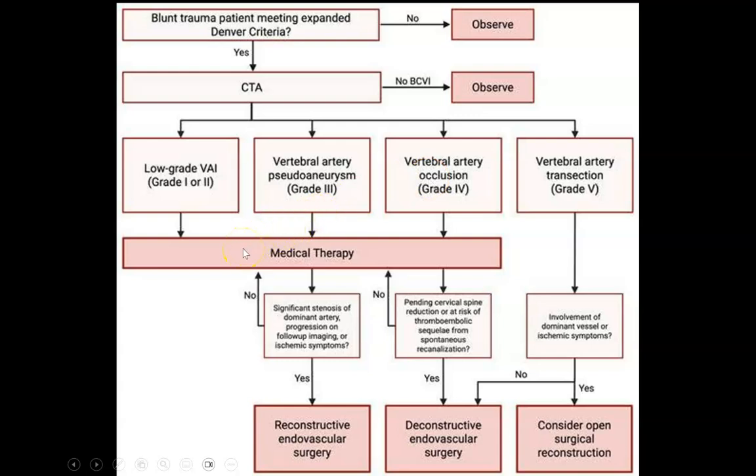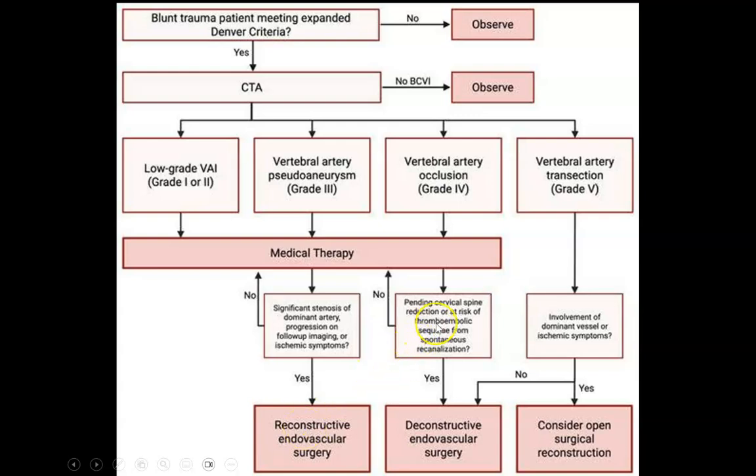Medical therapy, anticoagulant and antiplatelets. Grade 5, transection, open surgery. But if you give the medical therapy in grade 1 or 2, grade 3 and grade 4, and the stenosis is increasing or the patient's neurological deficit is advancing, you go immediately with reconstructive endovascular surgery.